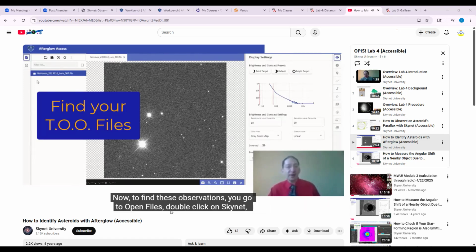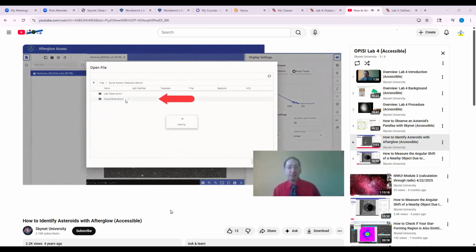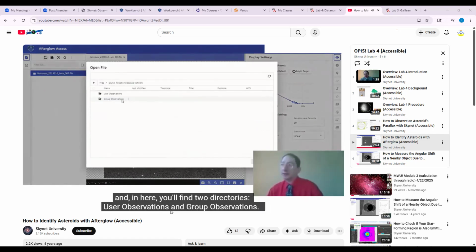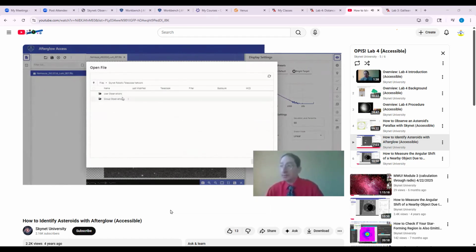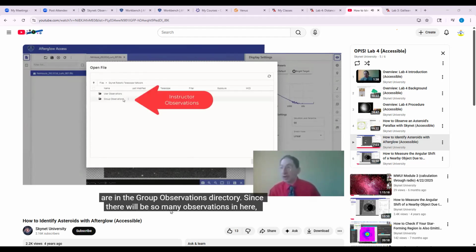To find these observations, you go to Open Files, double-click on SkyNet, and in here, you'll find two directories, User Observations and Group Observations. The observations that you have acquired throughout this course are in the User Observations directory, but your instructor's observations, along with a great many other observations, are in the Group Observations directory.